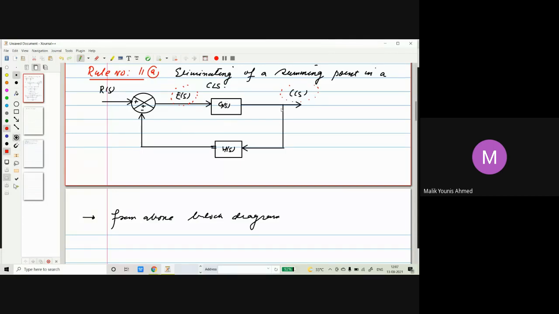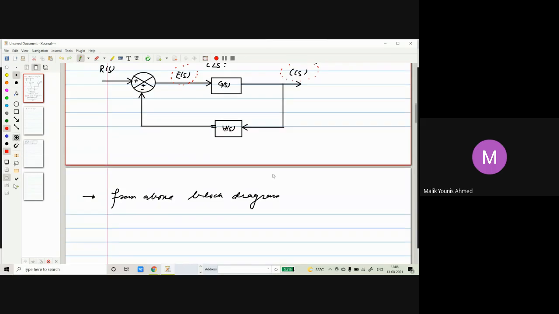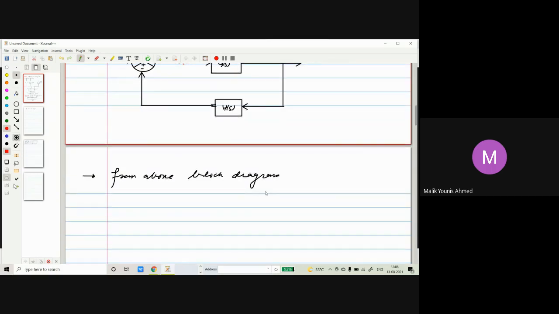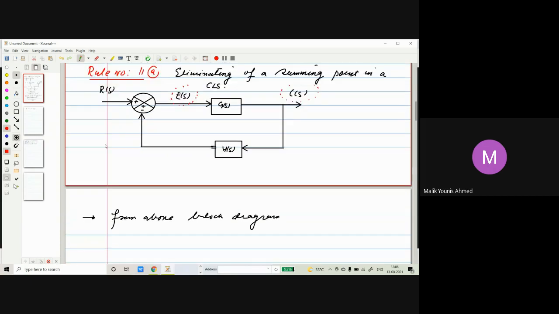The actual output will get here, and once that is compared, the actual feedback will be given to the summing point. Here is the error detector that will see the difference between the actual output and the desired output. The difference will go here, and the error signal will be generated and forwarded to do the necessary action. So in this case, we have to eliminate this closed loop system completely.